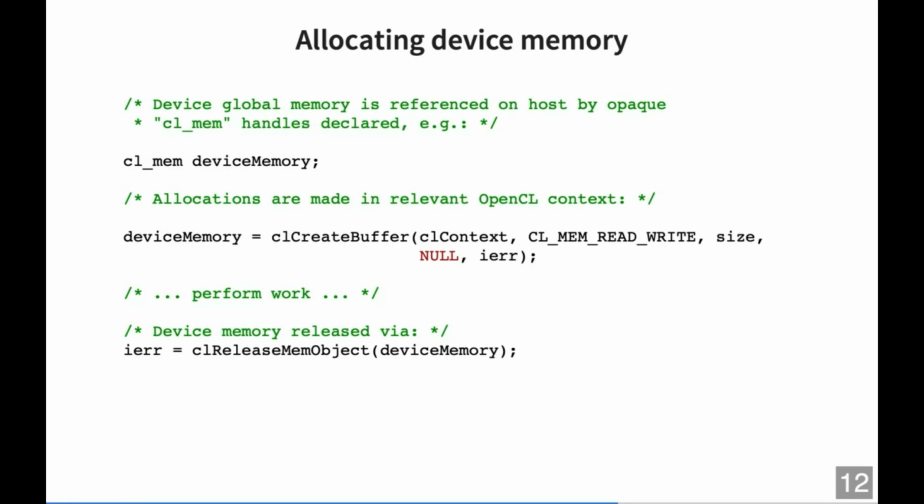The corresponding call to free memory associated with this handle, device memory, is this clReleaseMemObject. So everything is going through these opaque handles declared as cl_mem.